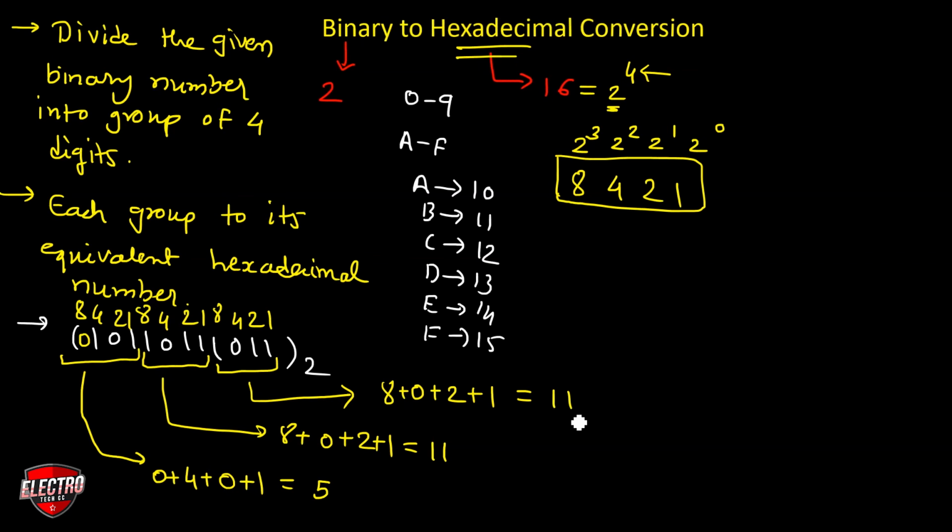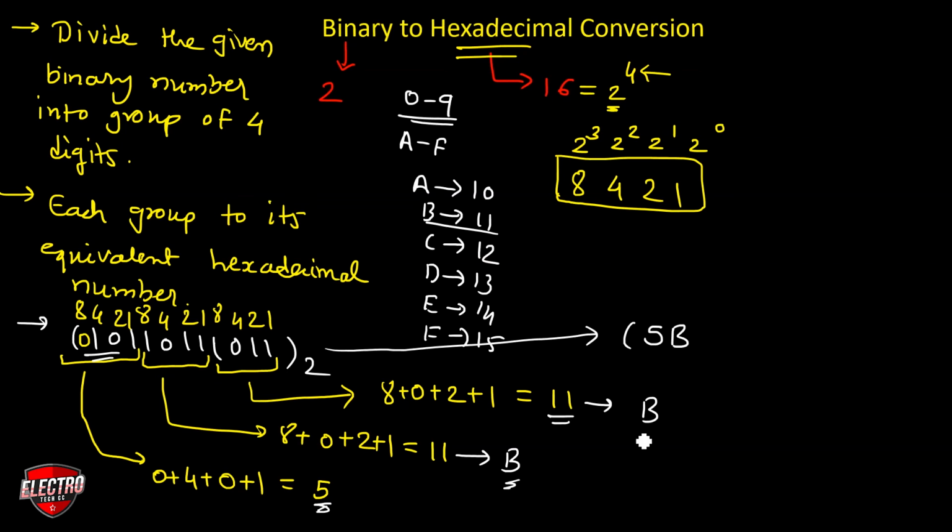Okay, we have one number that is 11, and 11 is equivalent to B. So this one number is B. In the second case, B, and 5, it is the number in 0 to 9. So the final answer equivalent to the given binary number is 5 as the first group, second group, that is B, and third group, that is B, equivalent to hexadecimal number. Clear? This way we can convert the given binary number into hexadecimal number.